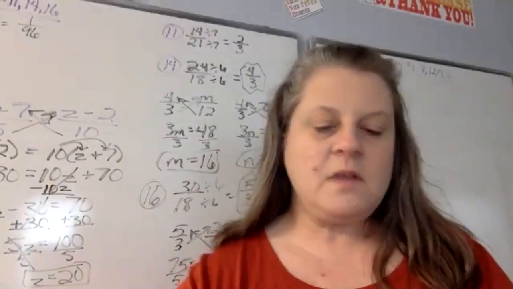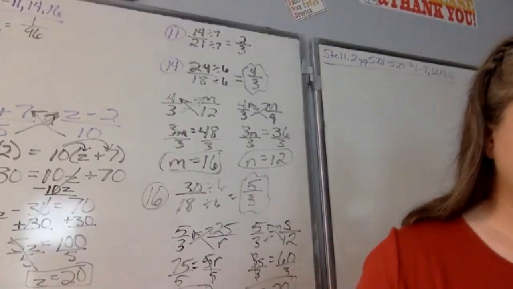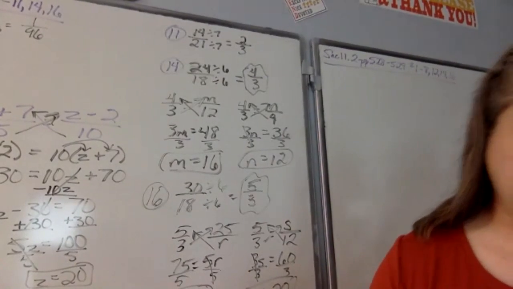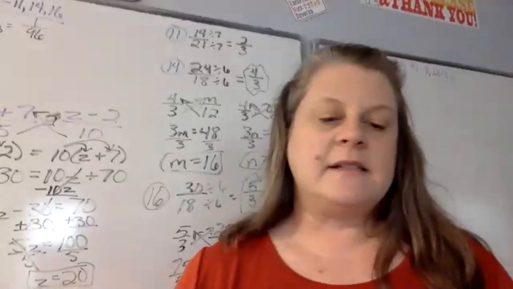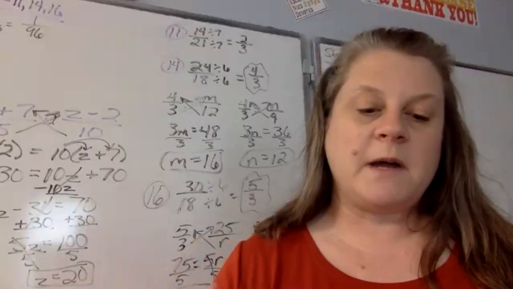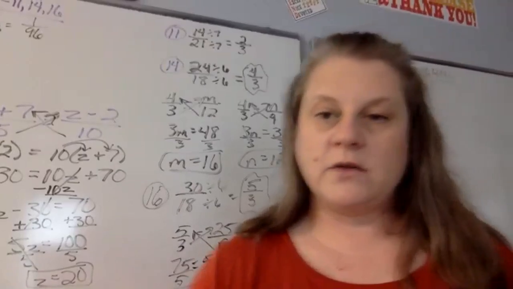Okay, so that's one way that we can prove triangles similar. Another way is on page 526, and that's side, side, side. If all 3 pairs of corresponding sides have the same ratio, then the triangles are similar.